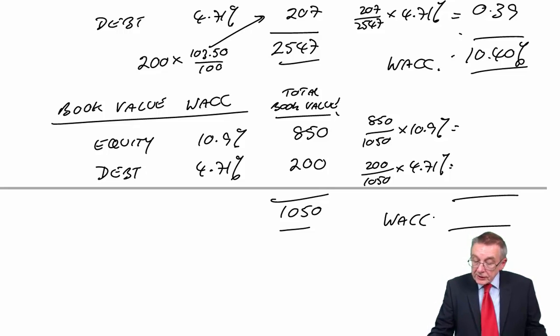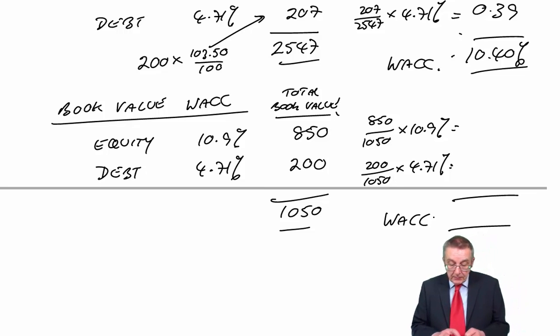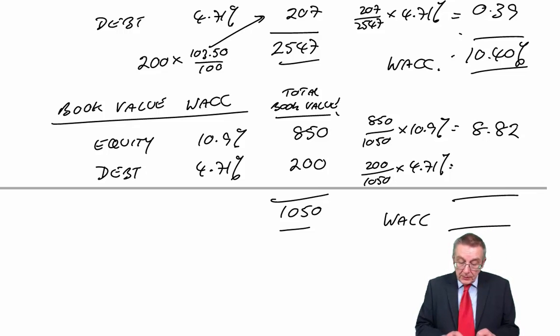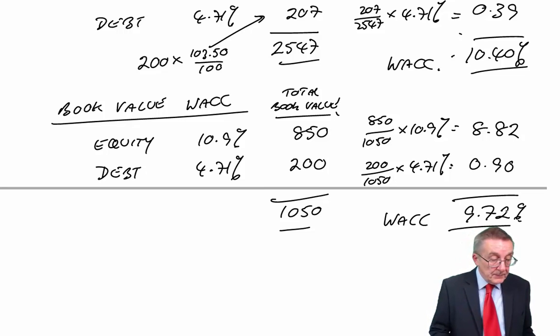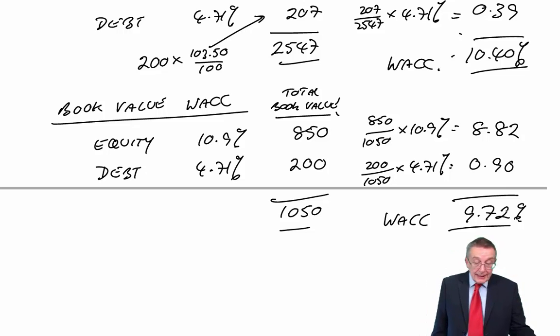And so the weighted average on this basis, 850 divided by 1,050 times 10.9, I get 8.82. 200 divided by 1,050 times 4.71, I get 0.90, I get 9.72%. So as far as the arithmetic is concerned, that's it.